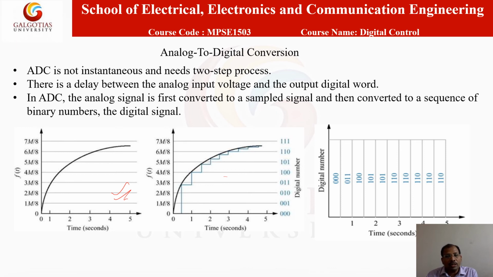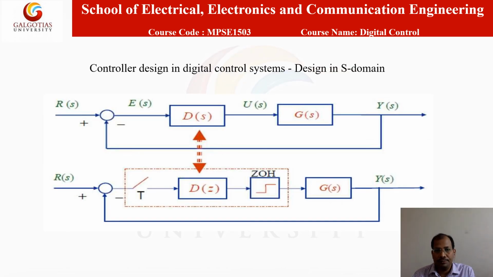Generally we prefer the zero order hold circuit. So digital to analog has only one step, but analog to digital has two steps: first we sample, then quantize. So there is a delay between the analog input voltage and the output digital word. The analog signal is first converted to a sampled signal, then converted to a sequence of binary numbers, which is called a digital signal.